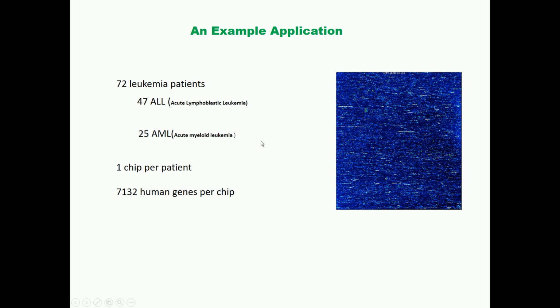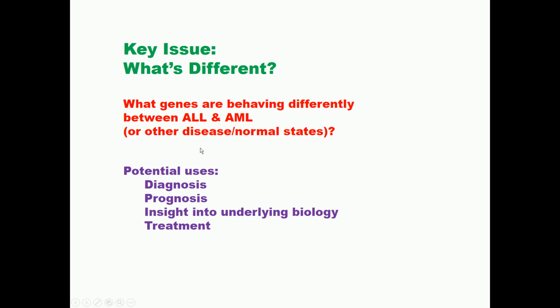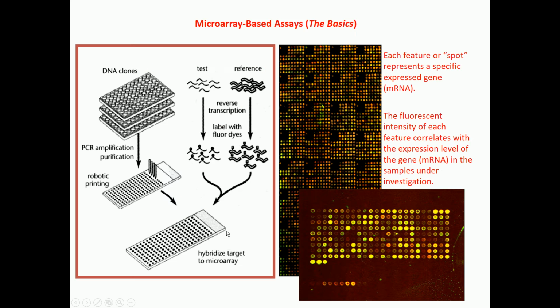This is just data where you can use the DNA chip to study the expression of various genes in leukemia patients. So what genes are behaving differently between ALL and AML? These are two kinds of leukemias. And so it has potential uses in diagnosis, prognosis, and treatment.